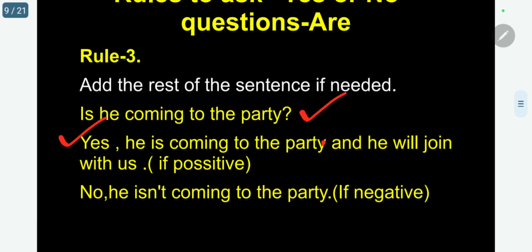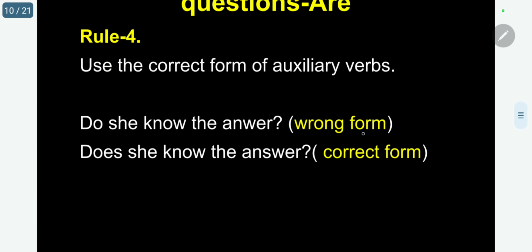In the previous case I stopped with this, but now I am giving further information, that is, the rest of the sentence: and he will join with us. That is positive. No, he is not coming to the party. That is negative.